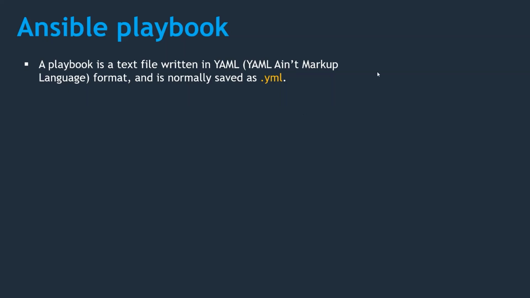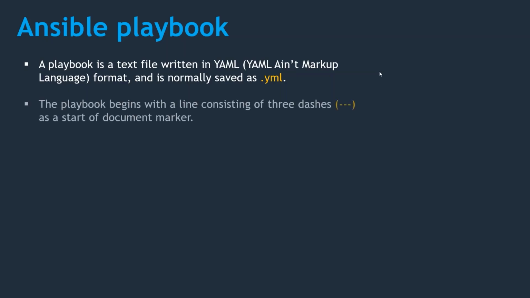Next rule is the playbook begins with a line consisting of three dashes as a start of the document marker. So whenever we are writing an Ansible playbook, it starts with 3 dashes. If we specify 3 dashes, it means that it is a YAML format.